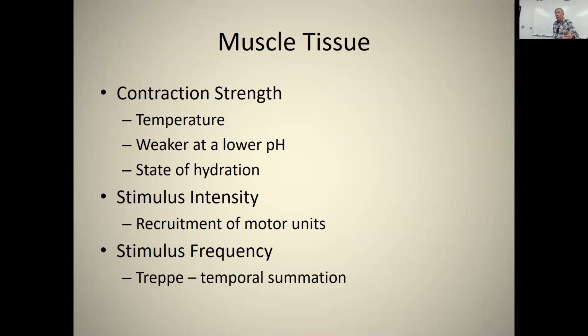Contraction strength can also be related to temperature. A warmer muscle can generate more tension than a cold muscle. Muscle is weaker at a lower pH.